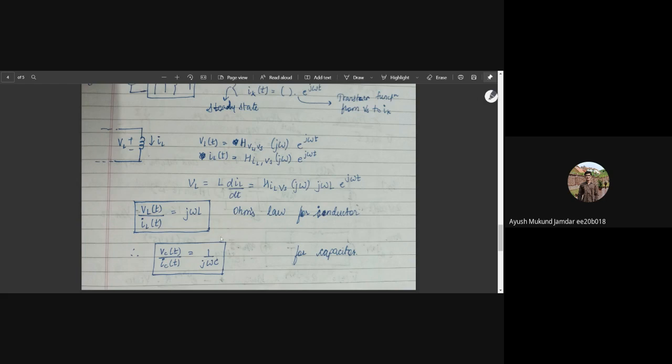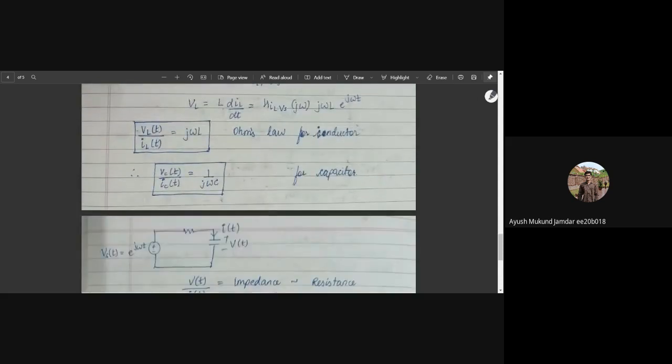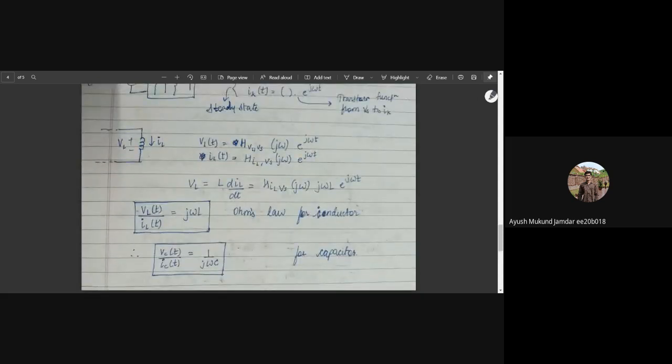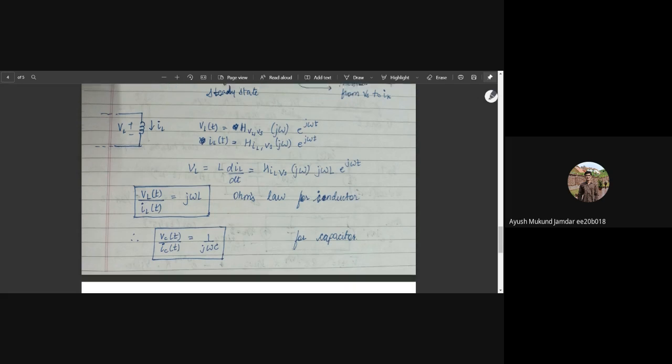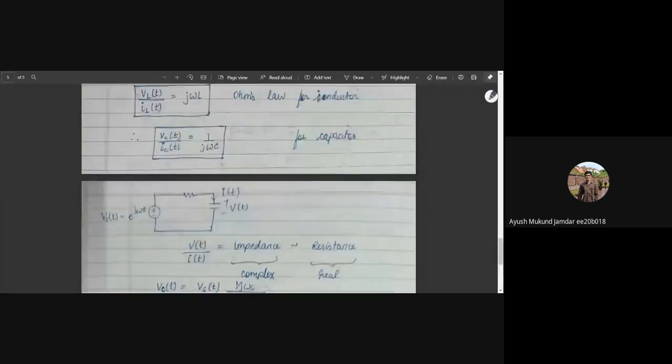So effectively, j omega L is the resistance for an inductor, and 1 by j omega C is the resistance for a capacitor. We can now use these values to treat both these elements as just resistances in our equations, and use something like Ohm's law for dealing with their terminal quantities, and that will make the analysis much easier.